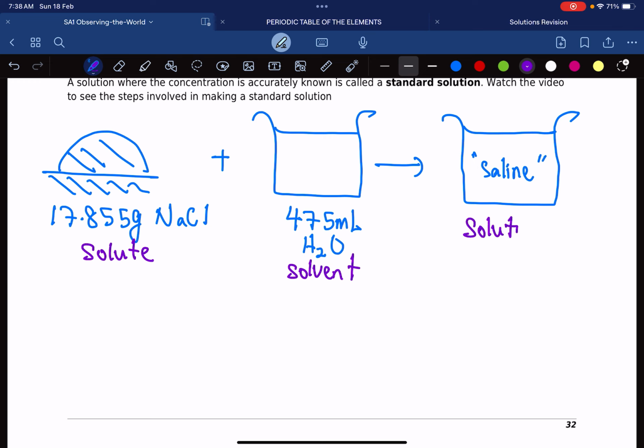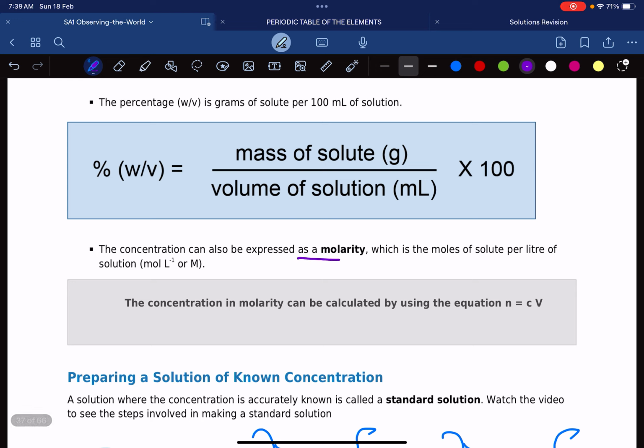Another way is called molarity. As chemistry students, most of the time we express concentrations as molarity, but here I will show you how to do all these three things. Percentage weight by weight and percentage weight by volume are ways which allow even non-chemistry students to understand concentration. So I'm going to show you all three ways.